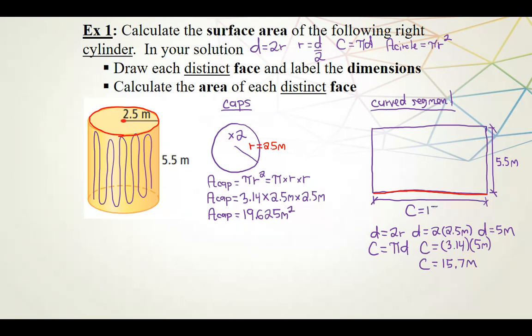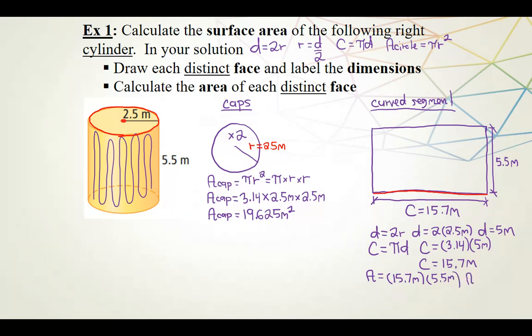We can actually label this on the picture now. We can say it's 15.7 meters. To figure out the area of a rectangle, just go length times width. So the length is the circumference. So the area would then be equal to the length, which is 15.7 meters, multiplied by 5.5 meters.